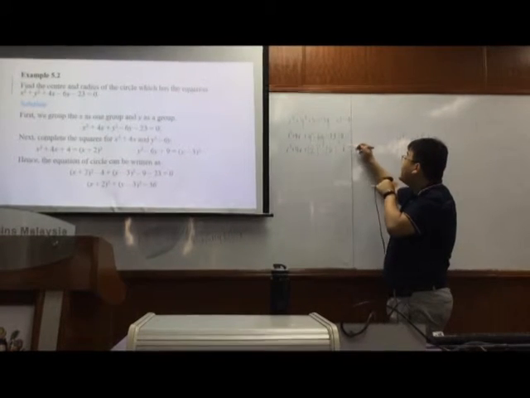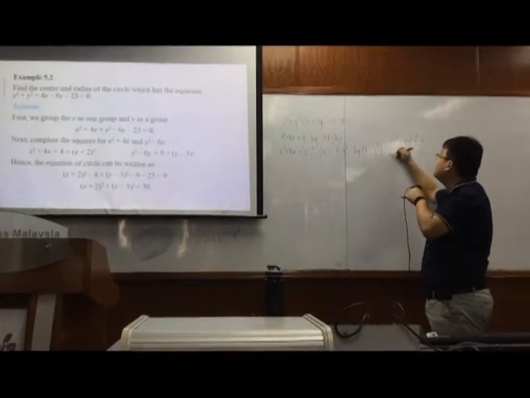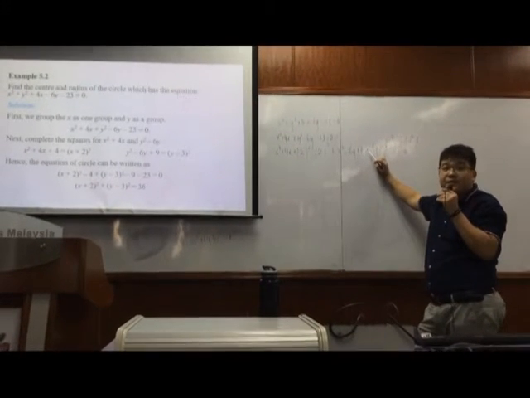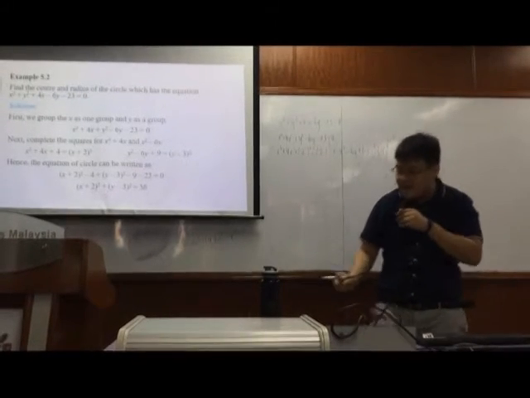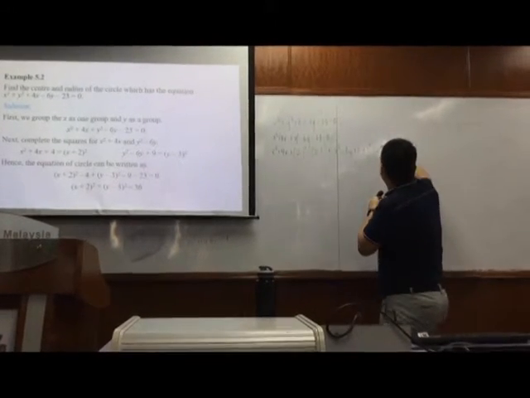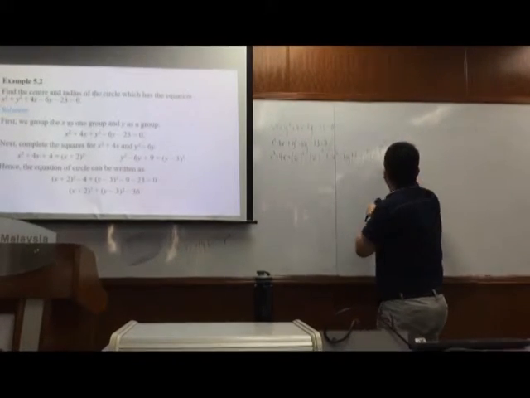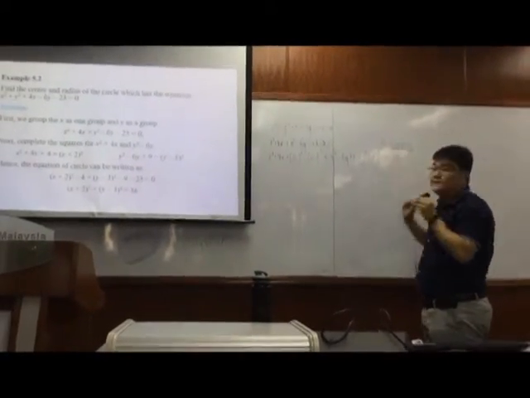Then for y also, y squared minus 6y plus something squared minus something squared. So negative 6 divided by 2 is negative 3. Okay, let me write this first. And copy down the minus 23 equals 0.